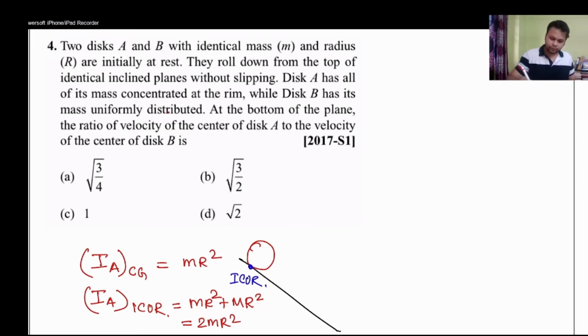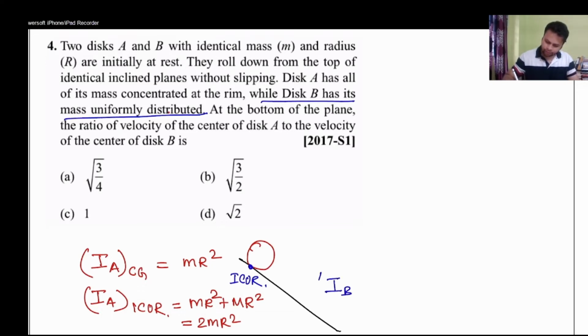Okay. So similarly, if you consider B, the disk B has all its mass uniformly distributed, so to calculate the moment of inertia of B, I am directly calculating about the ICOR, the instantaneous center of rotation.